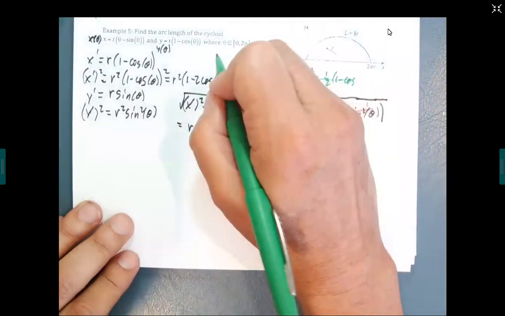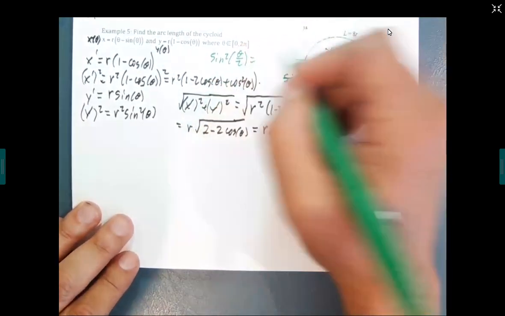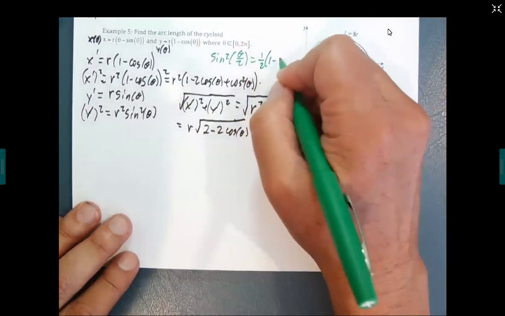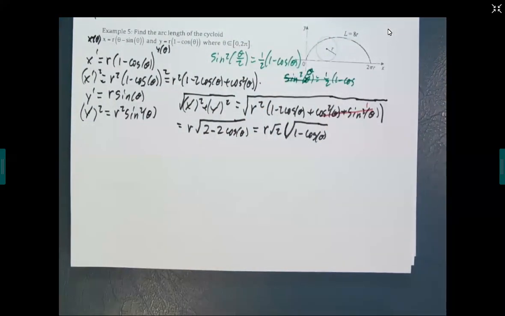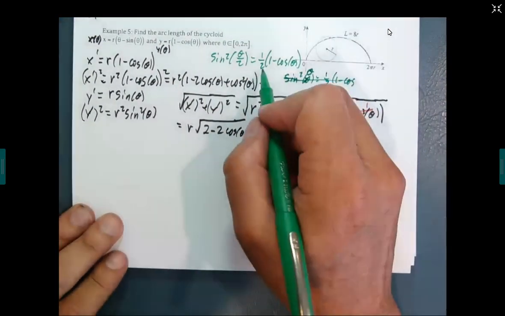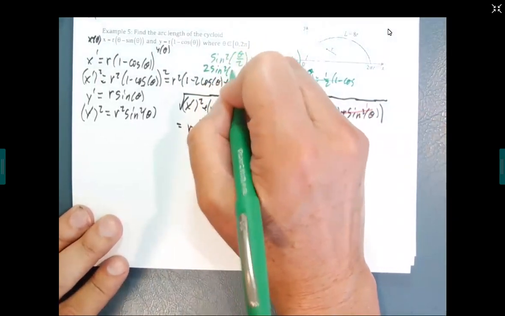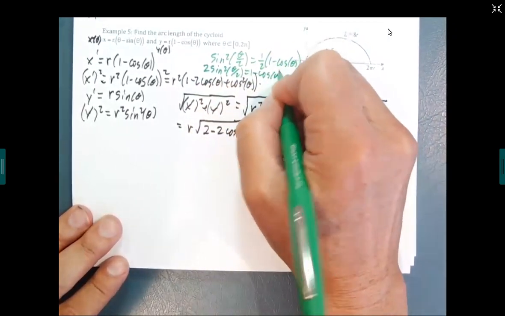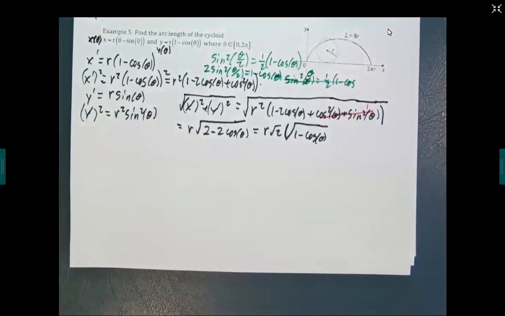Sine squared of theta over 2 is equal to 1/2 times 1 minus cosine theta. And if I knock that 2 over, I get 2 sine squared of theta over 2 equals 1 minus cosine theta. And that's what's going to happen to that there.